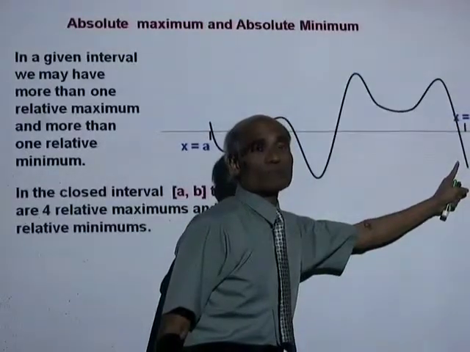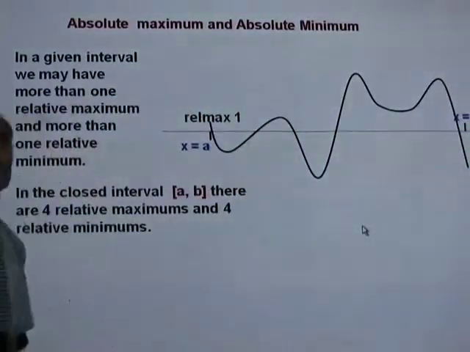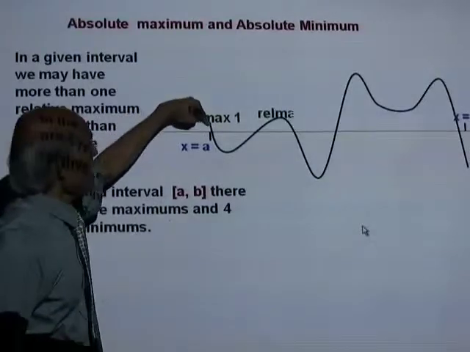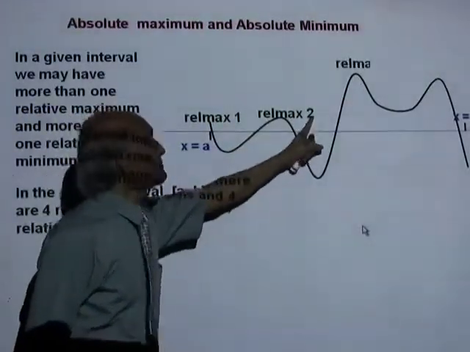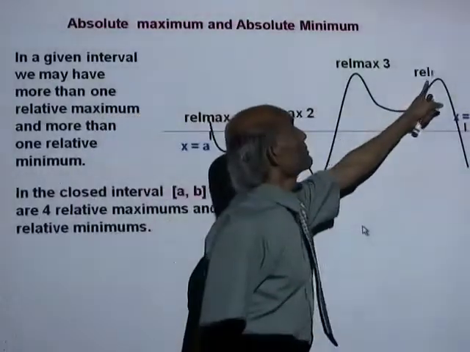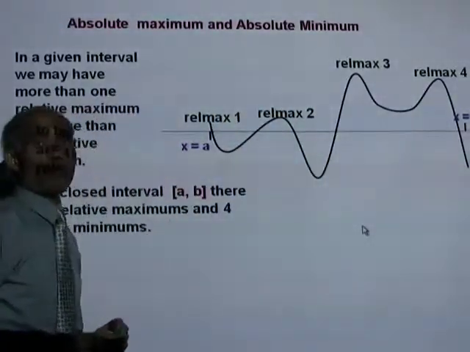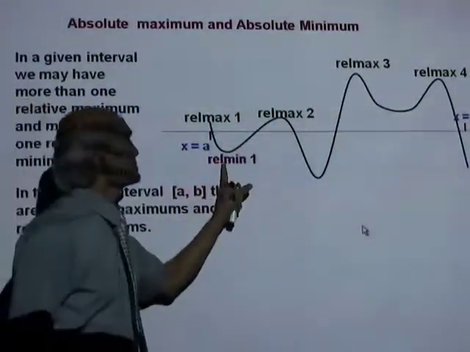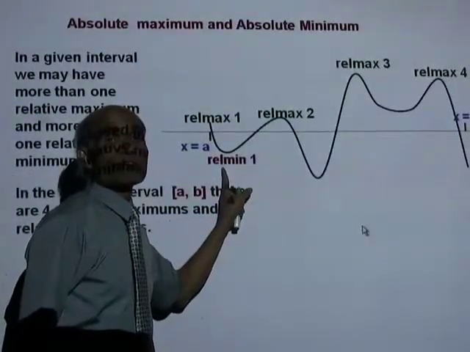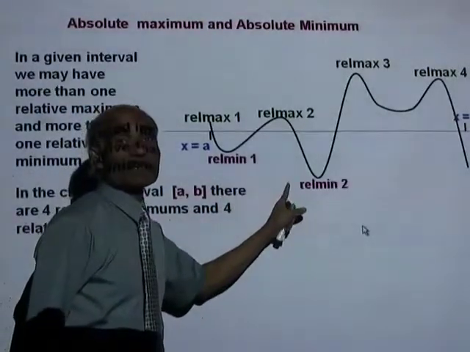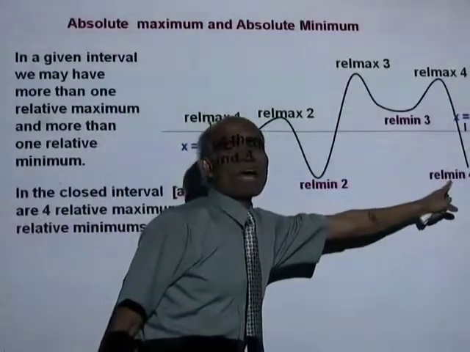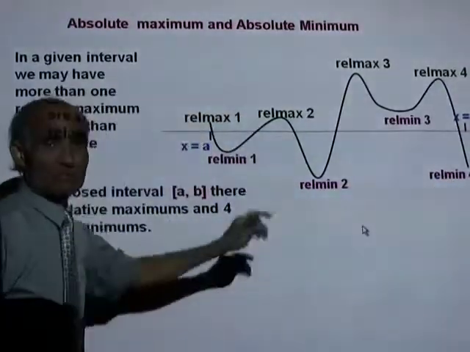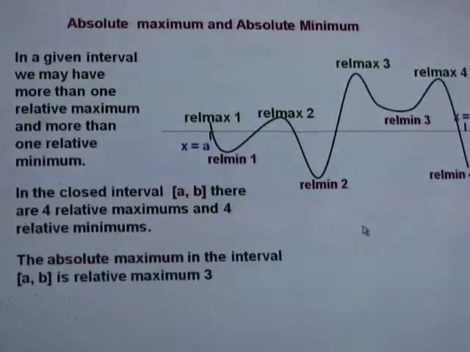That's the relative minimum. So, relative maximum 1, relative maximum 2, relative maximum 3, and relative maximum 4. Similarly, minimum 1, 2, 3, and 4. That may be out of the screen, but you can imagine there is one there.